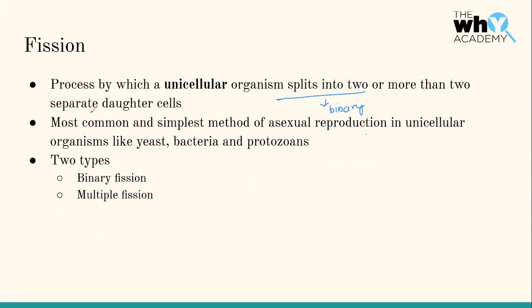And more than two would be multiple fission. Bi refers to two. You can always remember it like that. Bi is always two: binary. What other word is there? Di is also two.